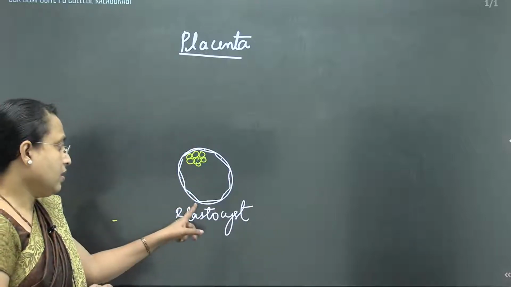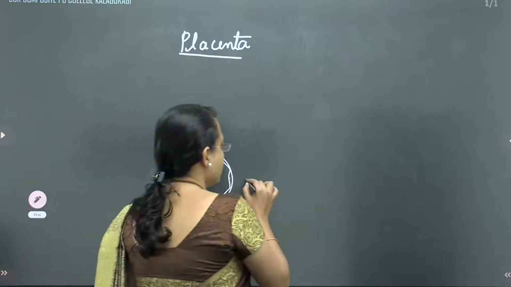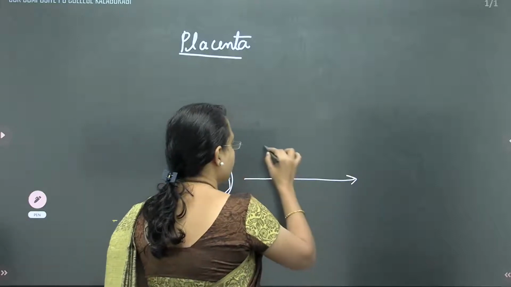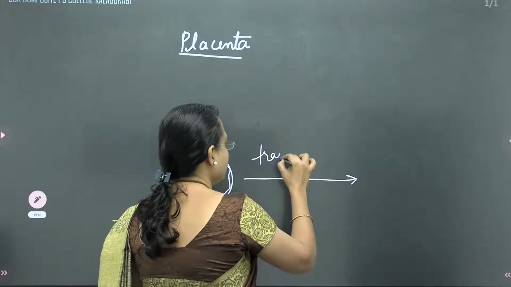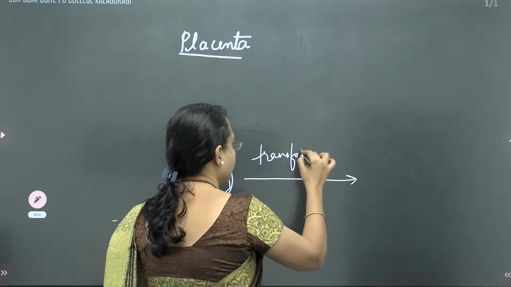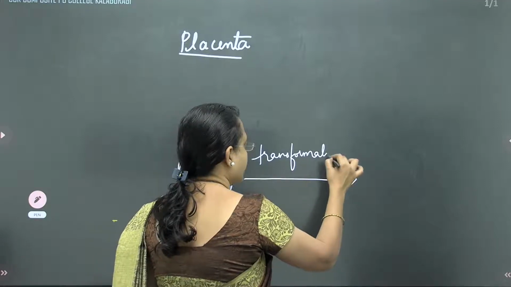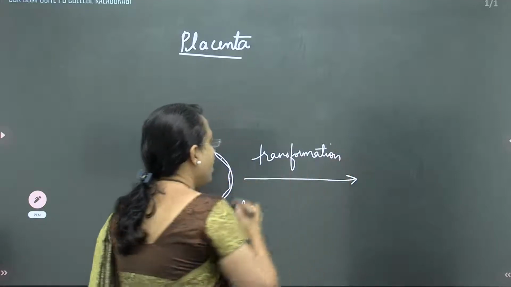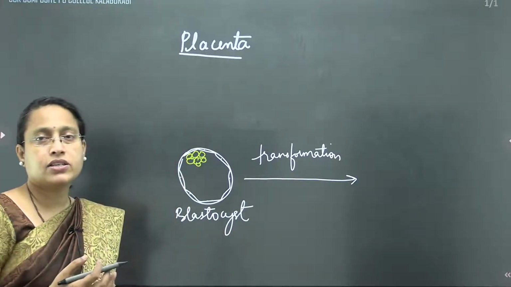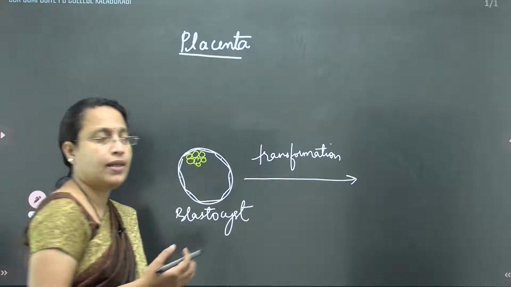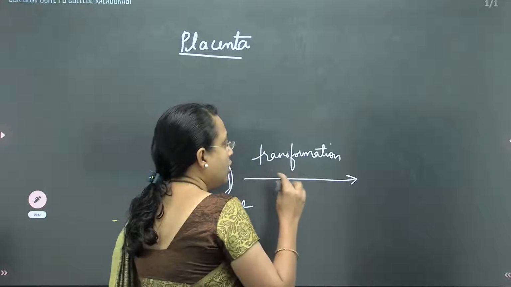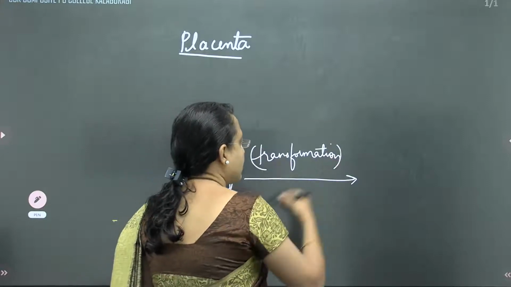Now this blastocyst will undergo transformation. It will transform into the next stage of the early embryo, and that is called what? That is called gastrula.